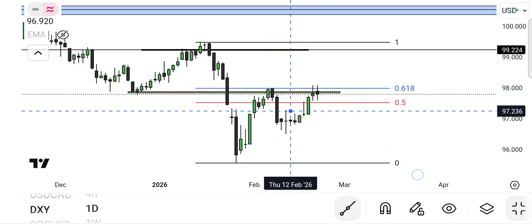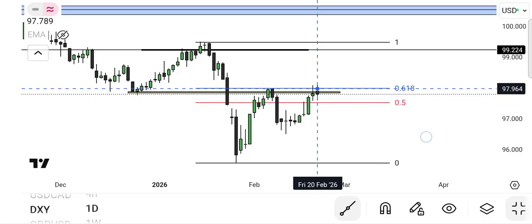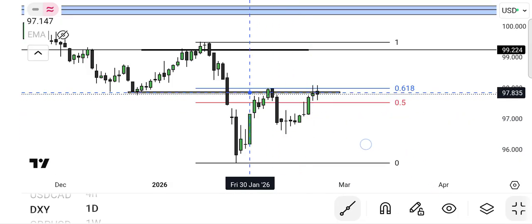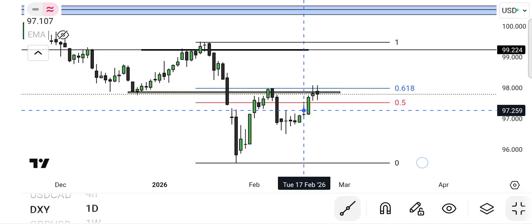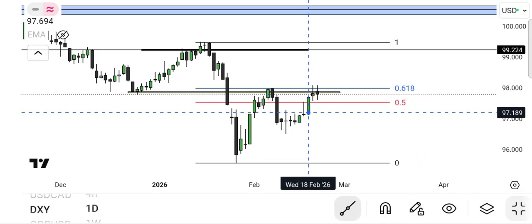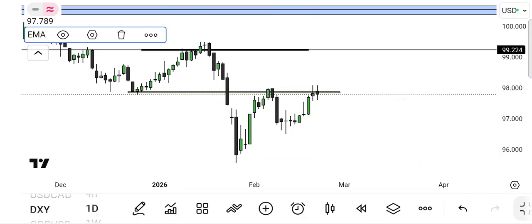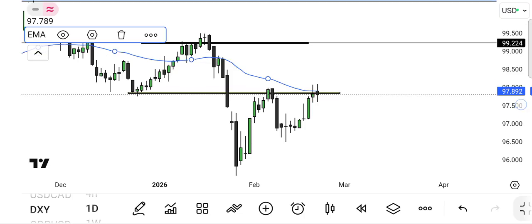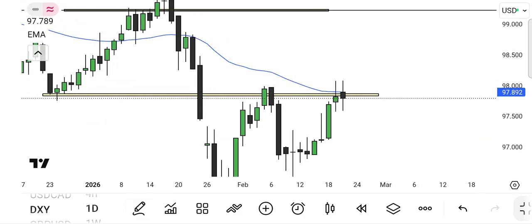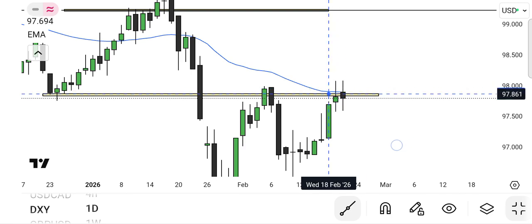It then pulled back again and touched the 60 Fibonacci level, taking it out. Now the market may likely pull back down. So we have 1 confluence, 2 confluence, 3 confluence for volume. I'm going to be checking my EMA to see if the EMA is very good. So we have 4 confluence for the market to drop.